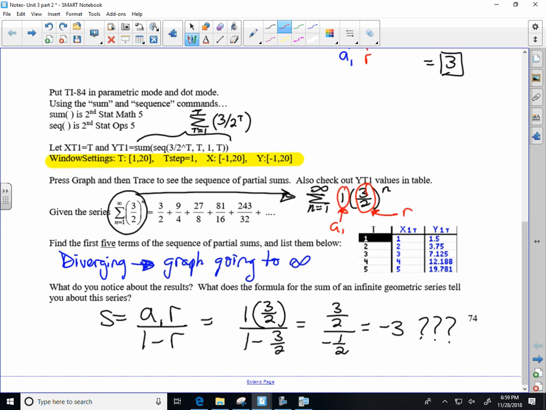Now, just because you're working with n values that are positive doesn't mean you can't get negative numbers as a result, but the result of each one of these calculations is a positive result. Each element of the sequence is positive. So then, how on earth would I get a negative number if I was adding up positive numbers only? It's not possible. All right. So that's at least reinforcing that it's divergent. And that was page 74.